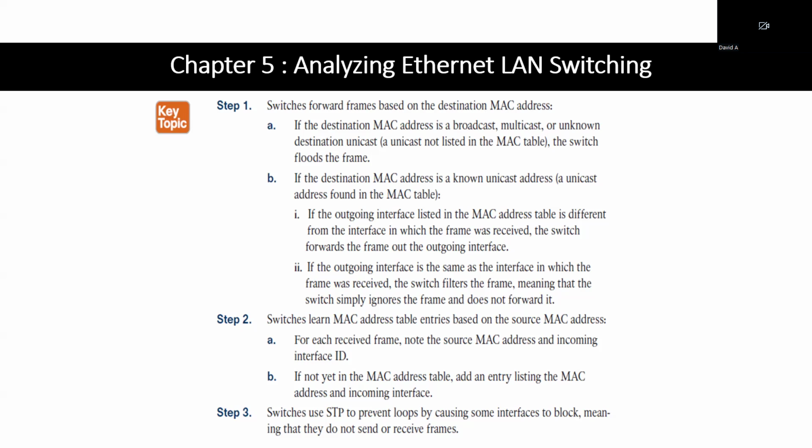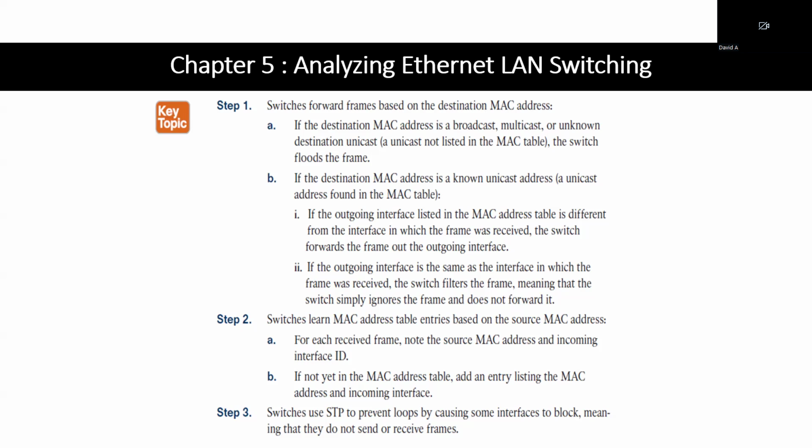Two, if the outgoing interface is the same as the interface in which the frame was received, the switch filters the frame, meaning that the switch simply ignores the frame and does not forward it. Okay? And this is all just within step one of the switch's forward frames based on the destination MAC address, which is one of the primary functions.